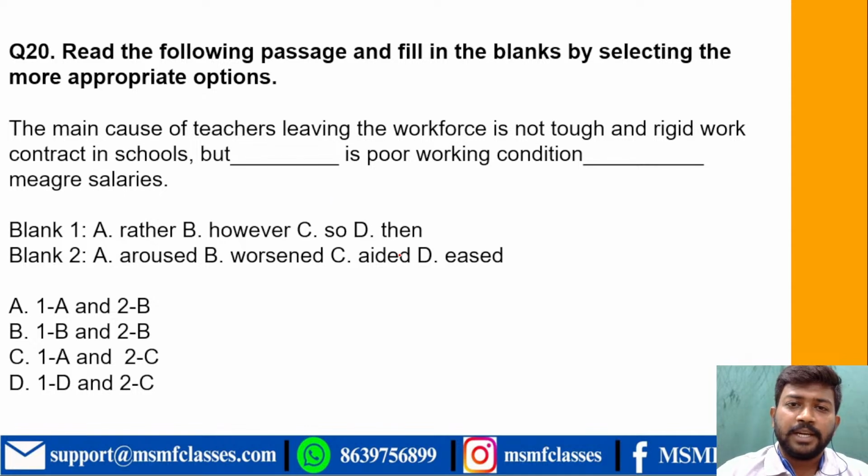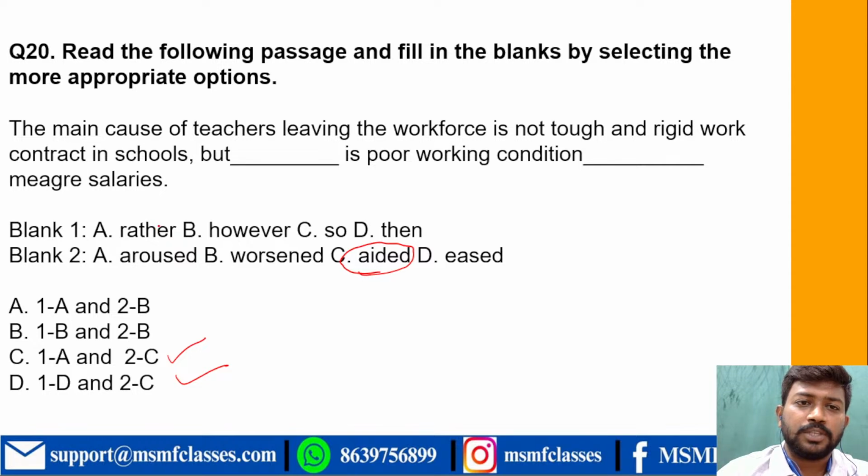So you can go with aided here because they are provided with meager salaries. Nothing else can fit in this blank. Eased, worsened. Already they are speaking negatively. Again, we should not use one more negative word there. That's the reason to go with aided, that means provided meager salaries. So now let me find any combination with C here. Here we have two combinations, A and C and D and C. So A is rather, but rather is poor working.